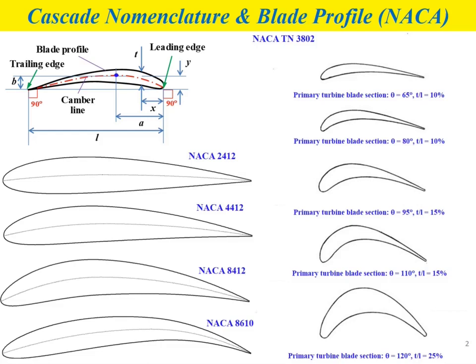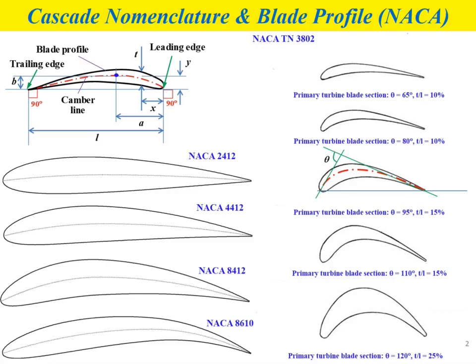In order to determine the camber angle and the T over L ratio, we can use the geometry approach that we have learned. Just draw the estimated camber line, and draw the leading edge line and the trailing edge line. The angle between these two lines gives you the camber angle theta.